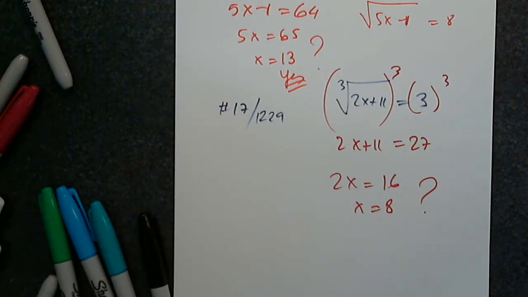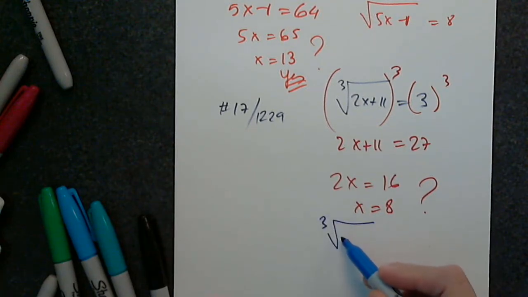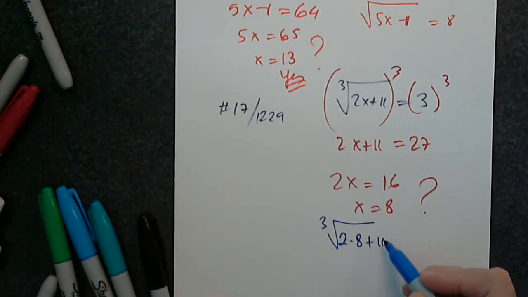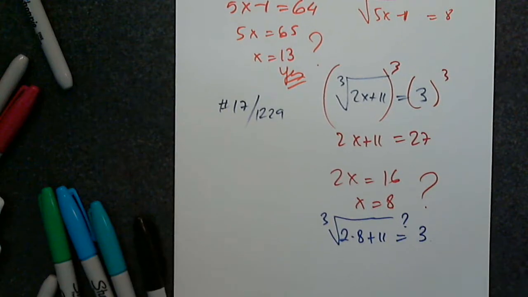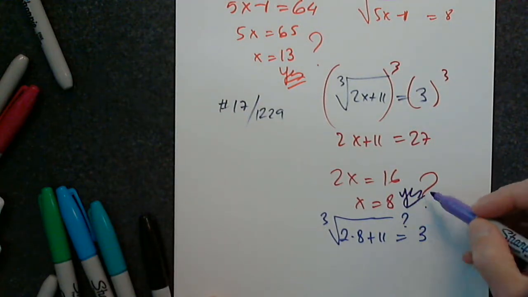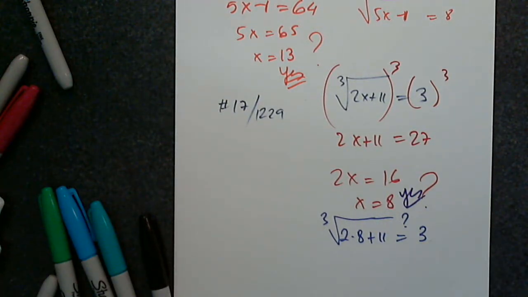Go back to the original problem, which is the cube root of 2 times 8 plus 11, and see whether this is 3. So 2 times 8 is 16. 16 plus 11 is 27. The cube root of 27 is 3. So then I would say yes, indeed, x equals 8 is the solution. And no one can find another. Which one did you pick? 19. 19 it is. So let's look at 19.